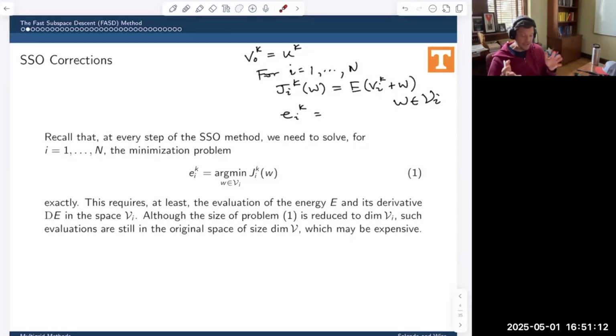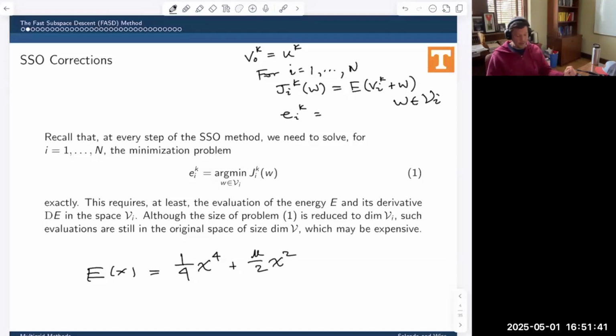In the linear case, my energy turns out to be quadratic. In the nonlinear case, the energy is not quadratic. The way I want you to remember this is for the non-quadratic case, you should have a good example in your mind. I think probably the best one is solving problems like this: 1/4 x^4 plus mu over 2 x^2. The energy has to be strongly convex, and this is a perfect example of that.